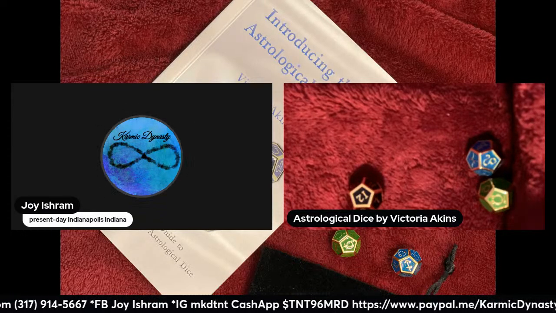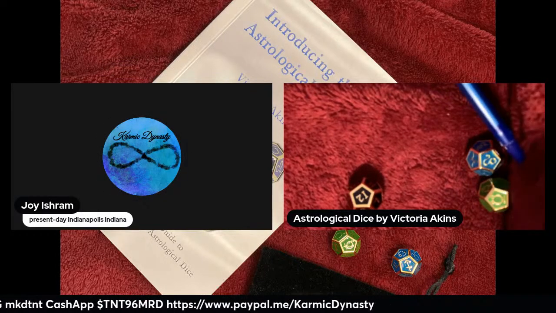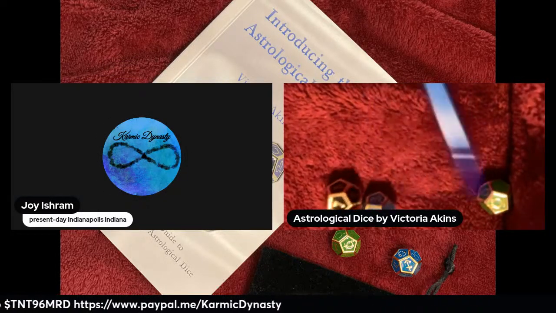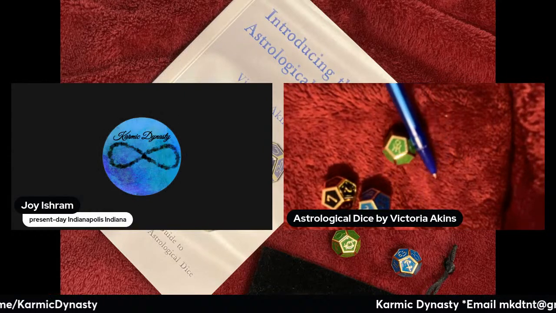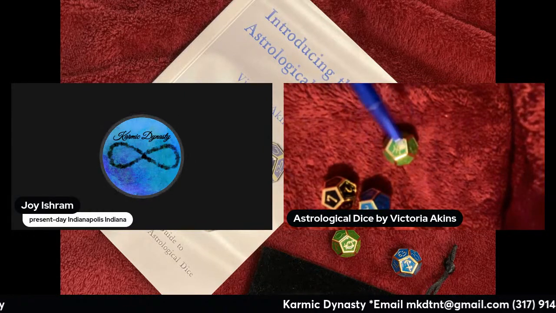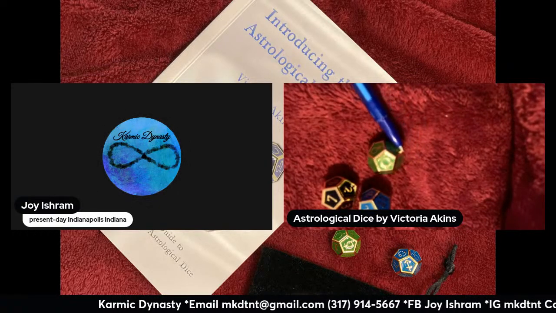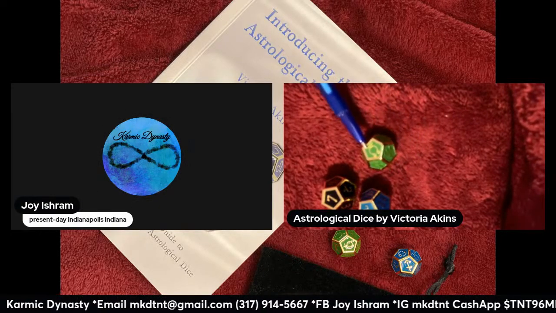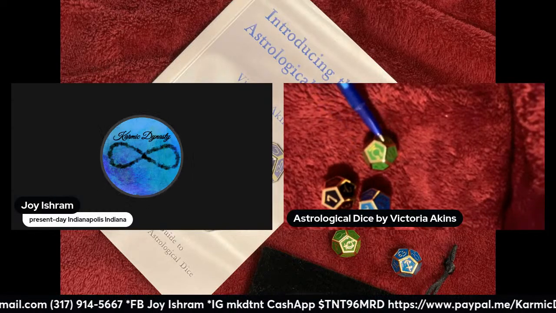Now, next is the planets. Here, the green one. So this is Uranus. This one is the south node.